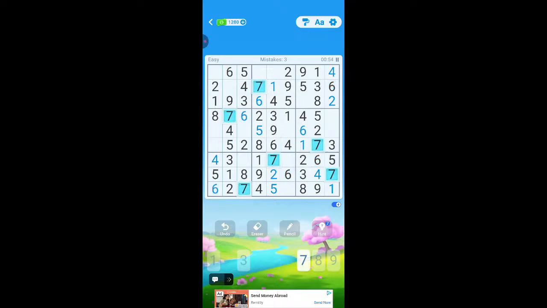Because that's stupid that it put me into an easy one. What the hell? Think fuck.